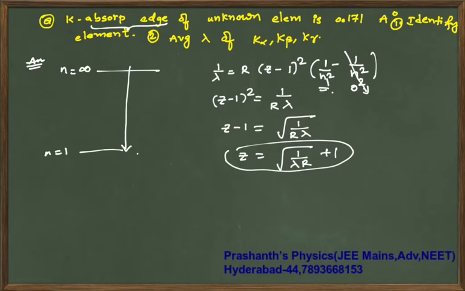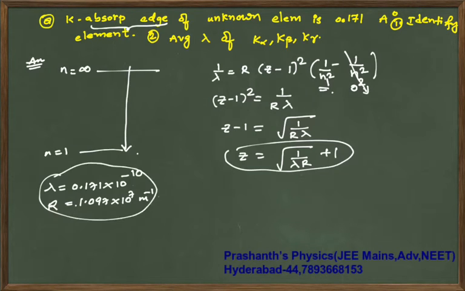Now your lambda is 0.171 Angstrom, meaning 10 power minus 10 meters. The Rydberg constant R value is 1.097 into 10 power 7 per meter. Substitute these two values, and that should give you a Z value close to 74.